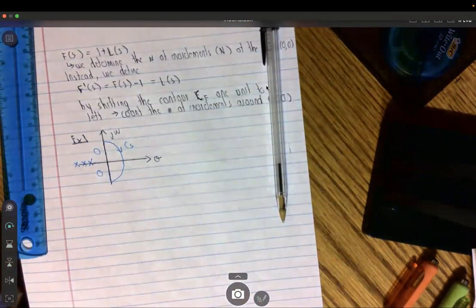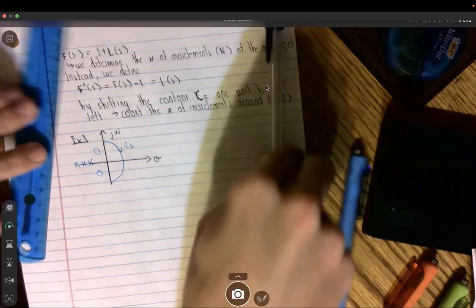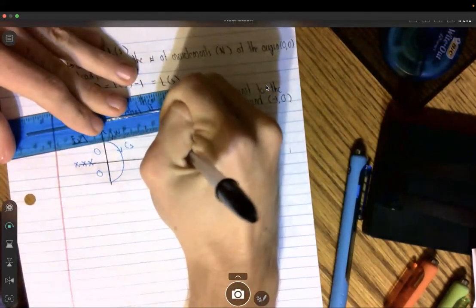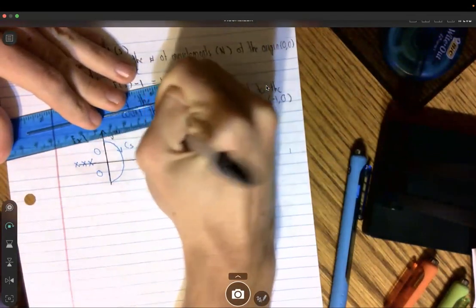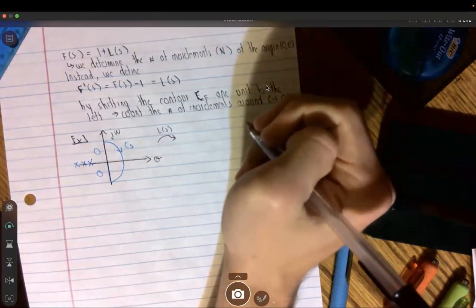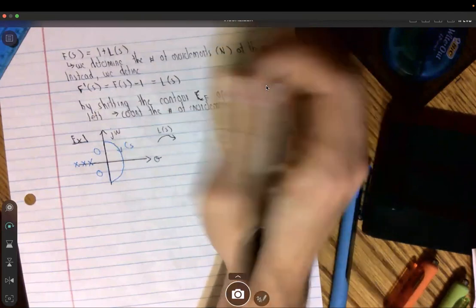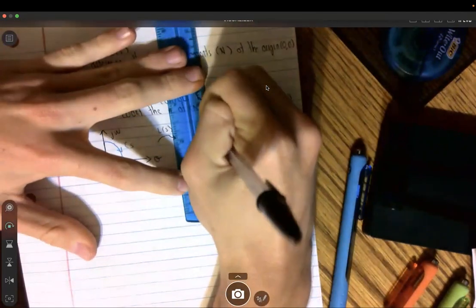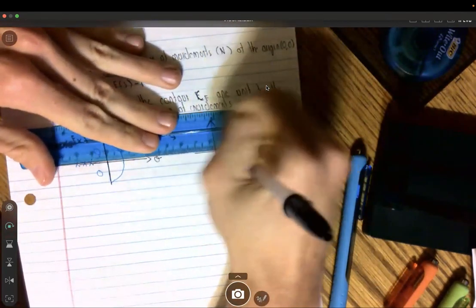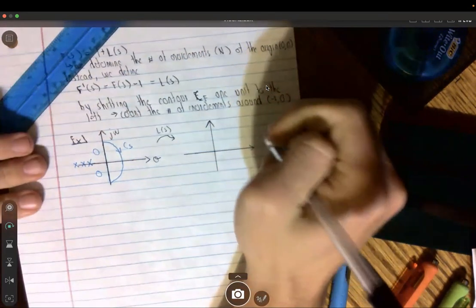We're going to transfer this over by L of S, because that's what we determined. In order to map, it was easier doing L of S than F of S, because we use the F prime of S. So when we transfer it over, we get the following contour in the F of S plane.